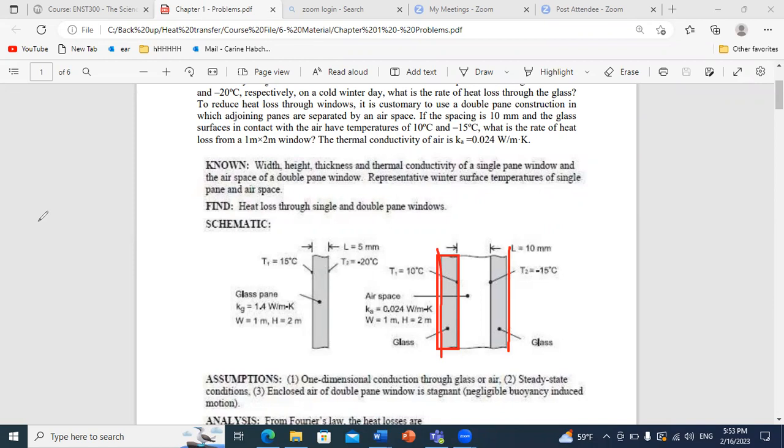It will tell you that stored energy, so let's say dE by dt of a system, is equal to what? If you have any generation, you can put E dot generation, plus E dot in minus E dot out.